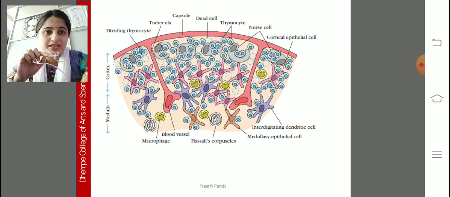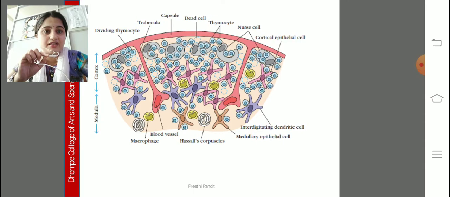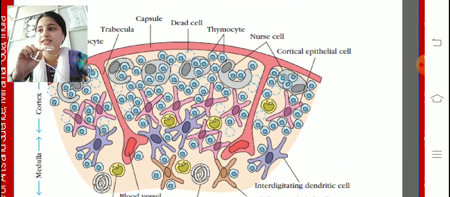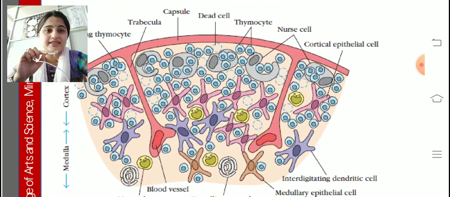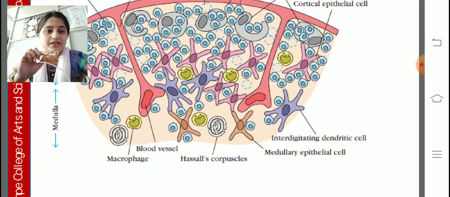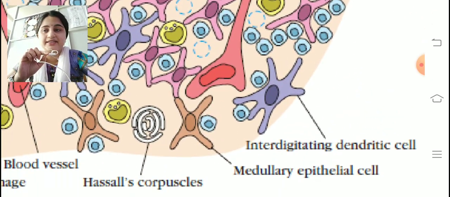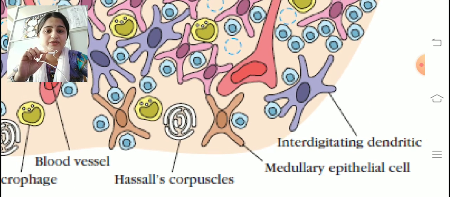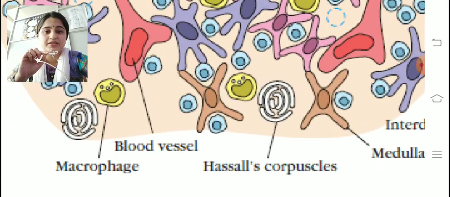You can see the cortex and the medulla crisscrossed with the three-dimensional stromal network, and you can see the epithelial cells, the interdigitating dendritic cells, as well as the macrophages, which are also present in yellow here.